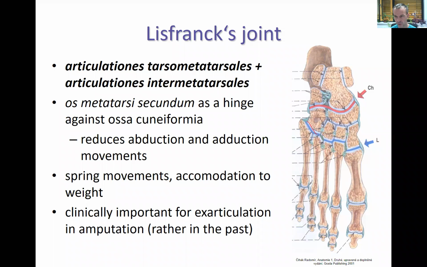So the Lisfranc joint is a combination of tarsometatarsal and intermetatarsal joints. It again can be contused or injured during the movements, and it also served as a cleft for exarticulation in amputation. Okay. And don't forget that the base here serves as a peg or as a hinge against the cuneiform bones.